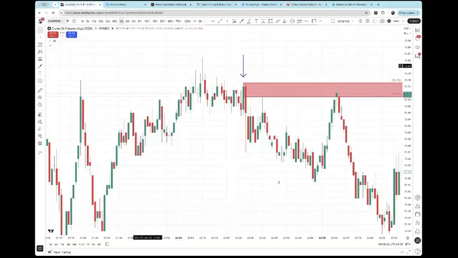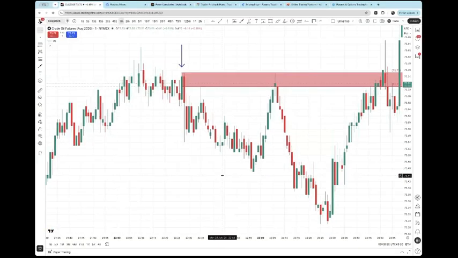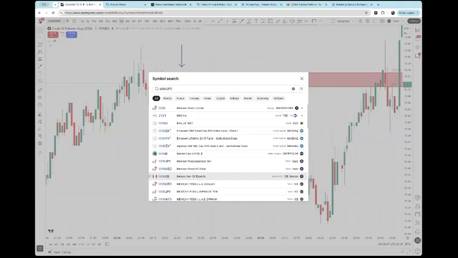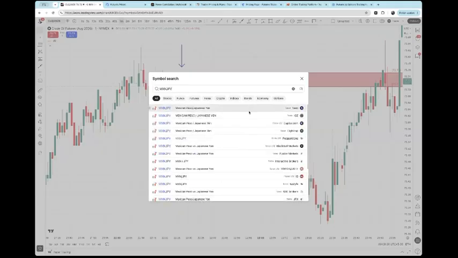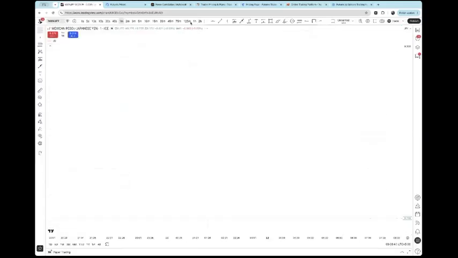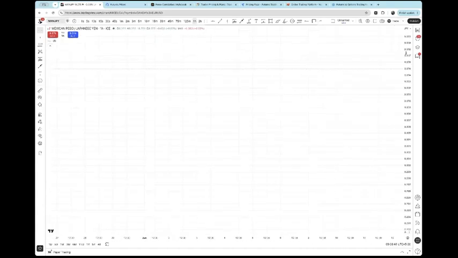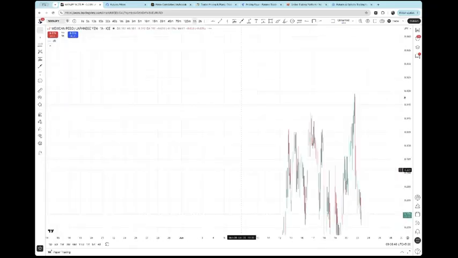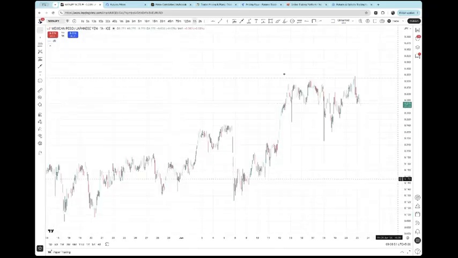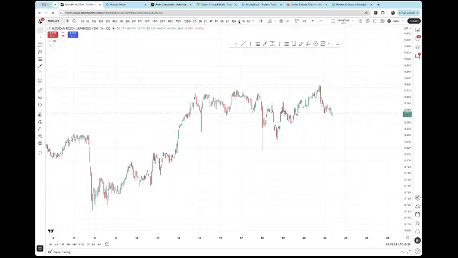For example, in your starting class, we had discussed MX and JPY. If anyone remembers, MX and JPY. So this is the chart of MX and JPY. We discussed that this is a chart where professionals can jump in and make money.